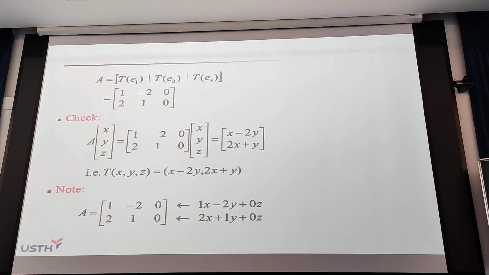That is exactly the standard matrix. You can apply this for any linear transformation T from Rn into Rm, if you are given it by a formula.